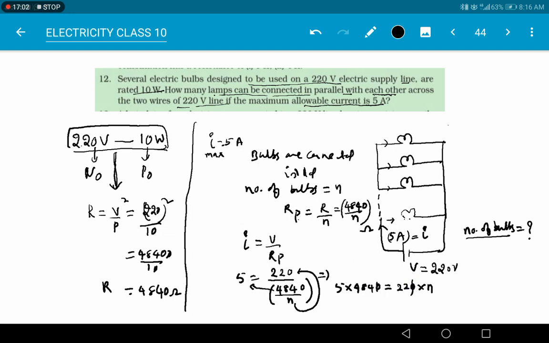So we cancel the zeros, 2 elevens are 22, 4 twos are 8. Therefore, the number of bulbs to be connected in parallel combination to get a maximum current of 5 ampere is 110. Okay, once again, if you want to listen to this, rewind and go through it.